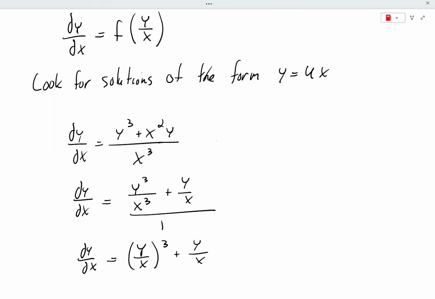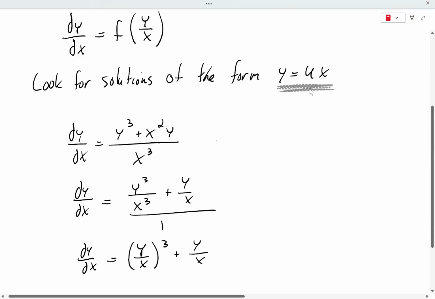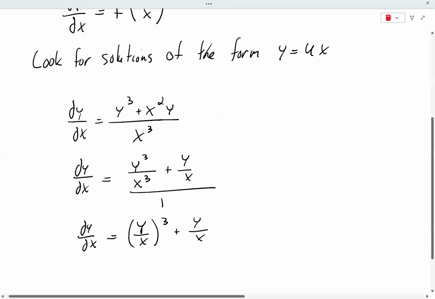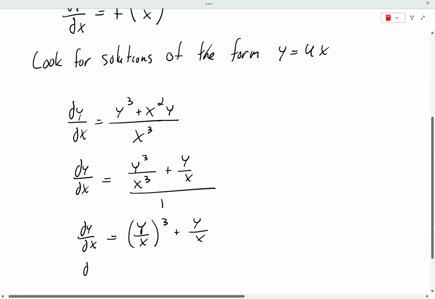Now, once you know it's homogeneous, then you look at this: y equals ux. If I divide both sides by x, it reads like this. Basically, you just get dy/dx. Yeah, it's homogeneous, so you can write it like this.